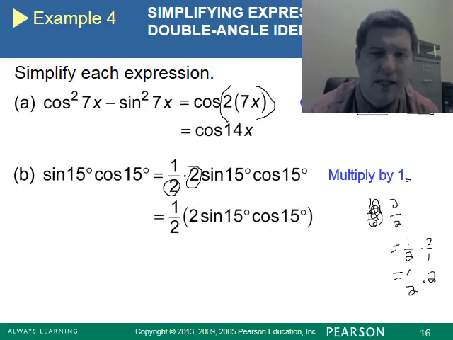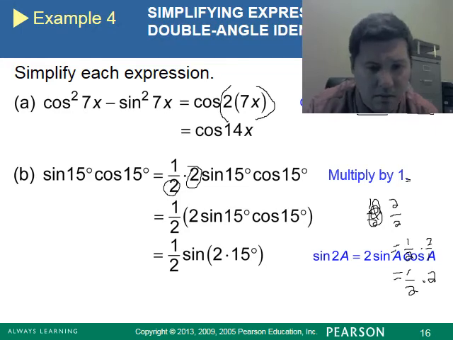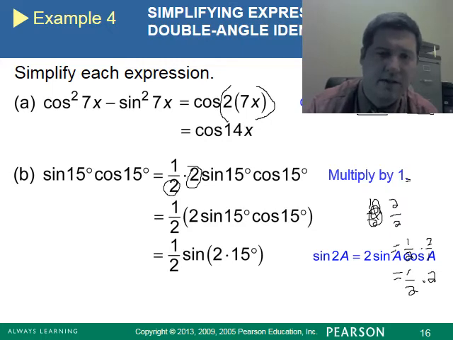Okay, once we've done that, now we can use our formula for 2 sine of 15 cosine of 15, which is the sine of twice that angle. Right? Twice 15, 2 times 15.